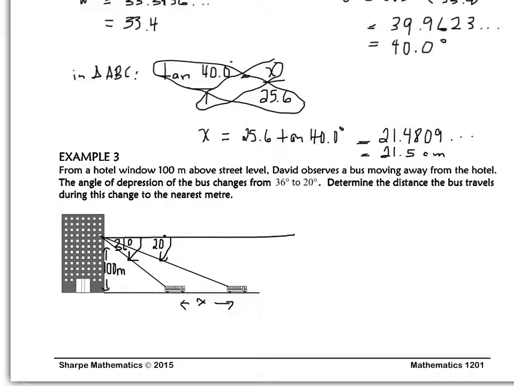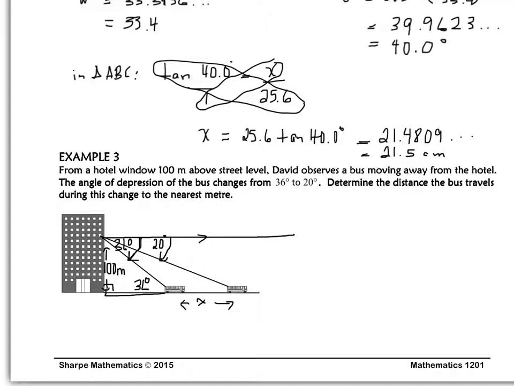Now, when we use angles of depression, a lot of times we don't want to use the angle as it's drawn. We want to put an angle inside the right triangles. And here we have a little right triangle from the hotel window to the first bus and then connect there. So if this angle here is 36, using the parallel lines, this one has to be 36 by alternate interior angles. Same thing with 20.